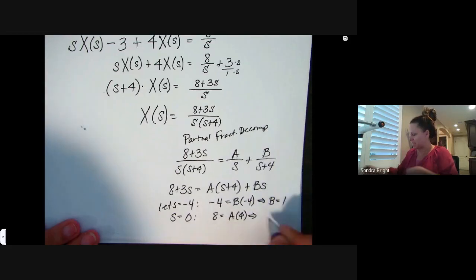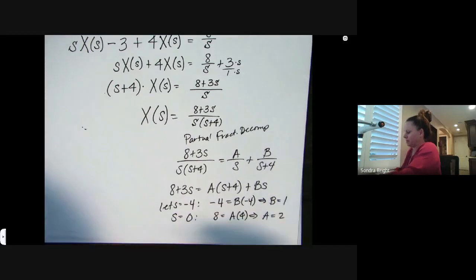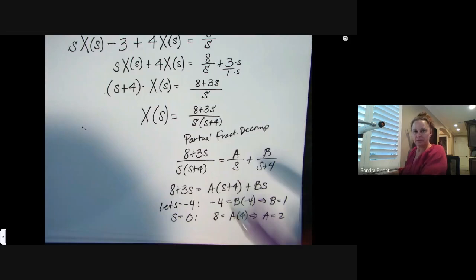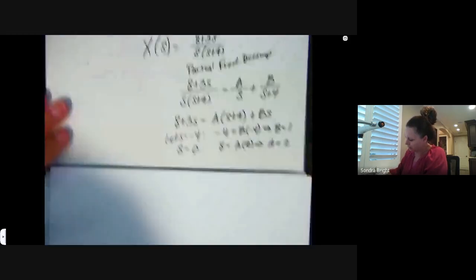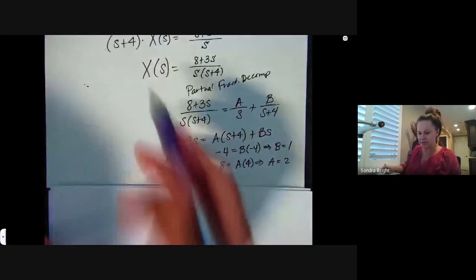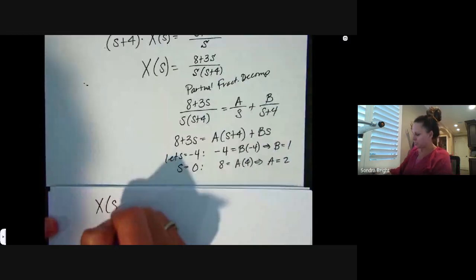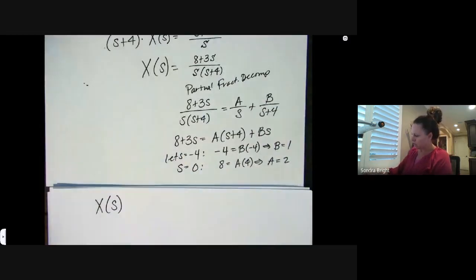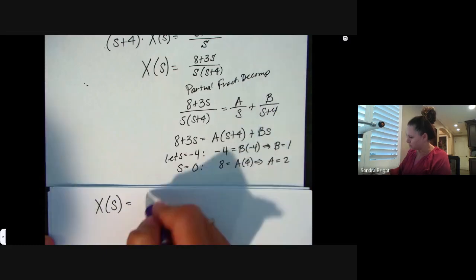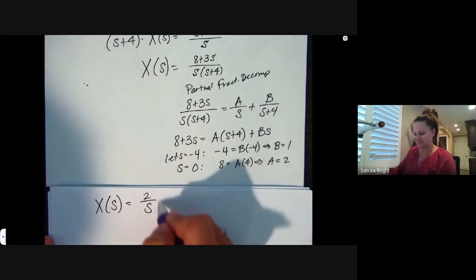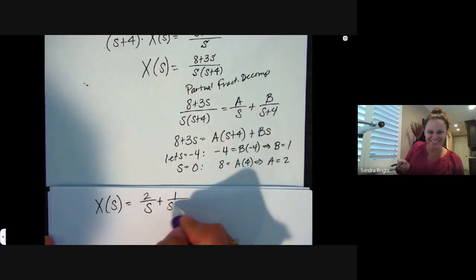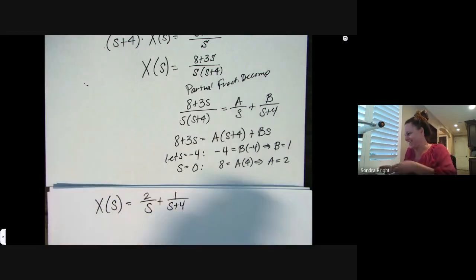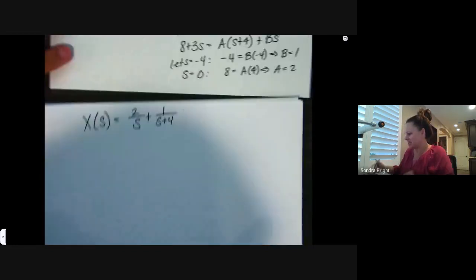Okay, so all of that means that, go to a new page, your capital X, your Laplace transform, is equal to 2 over s plus 1 over s plus 4. Oh, look at that. And now, hopefully it's very exciting to you, because what does that mean?